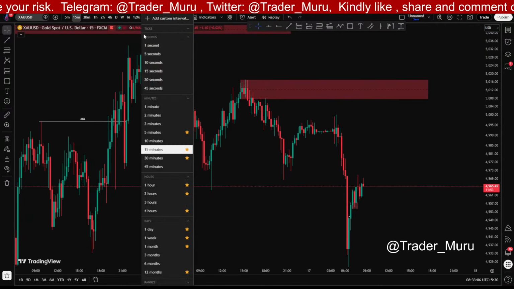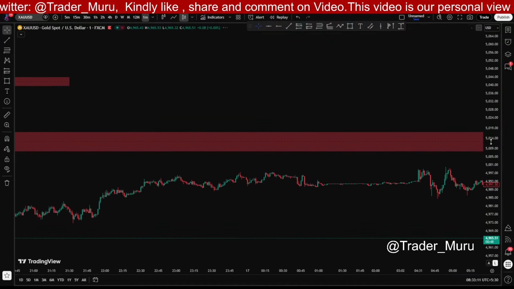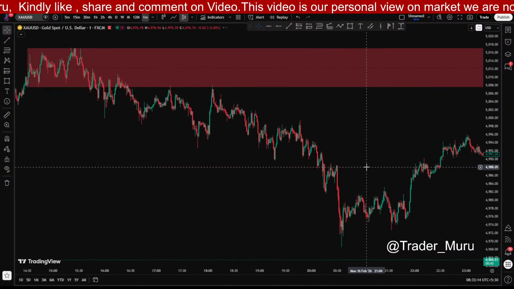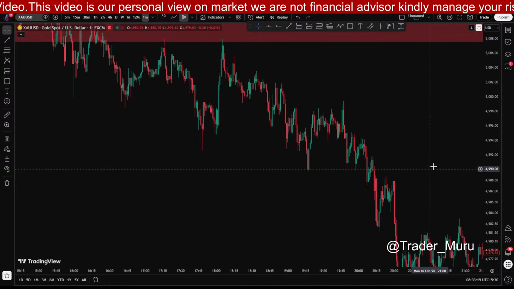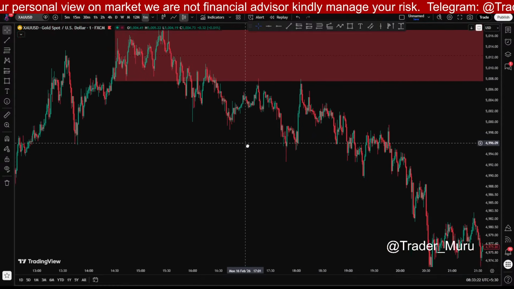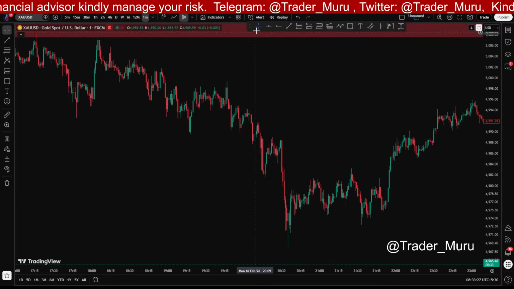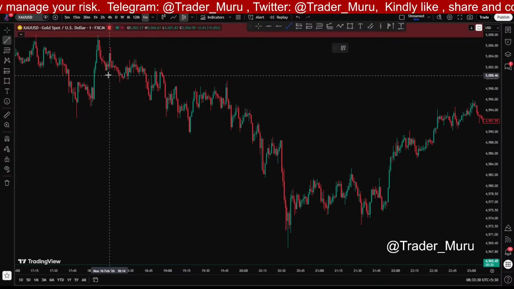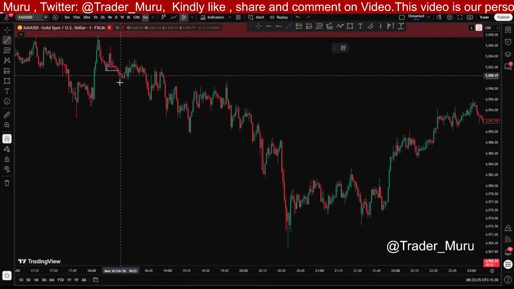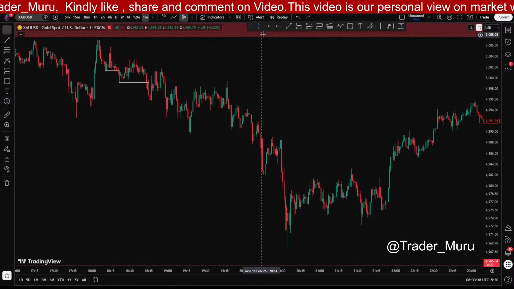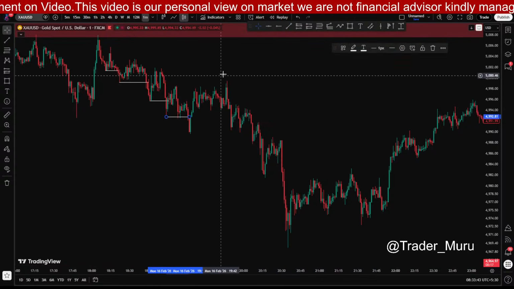Yesterday I took a short from here on the 1 minute time frame. From here. See this massive drop, because structure was forming low, again the breakout structure, and breakout structure.